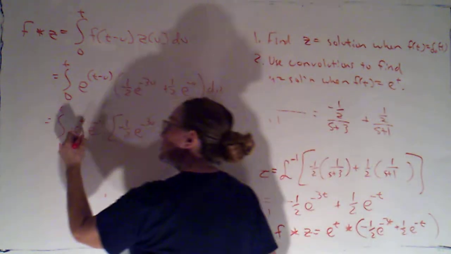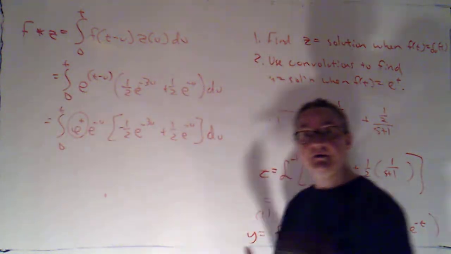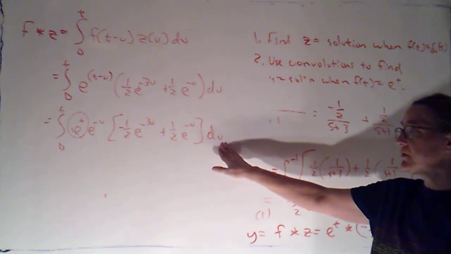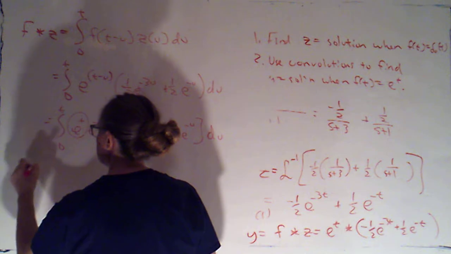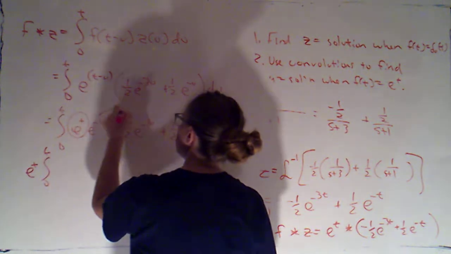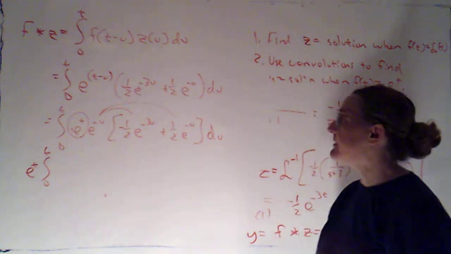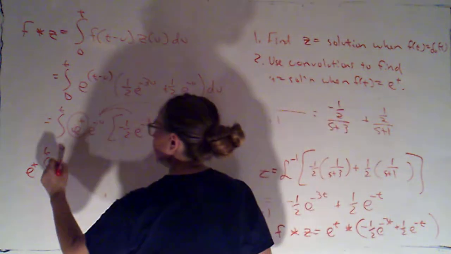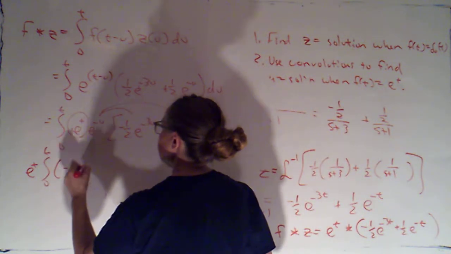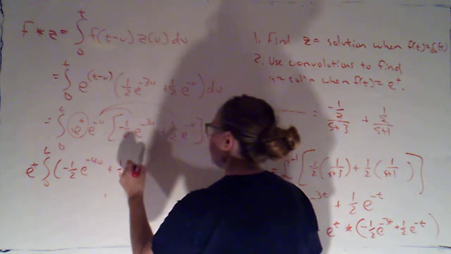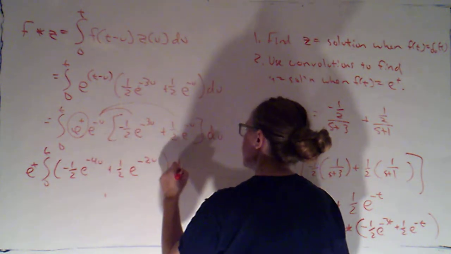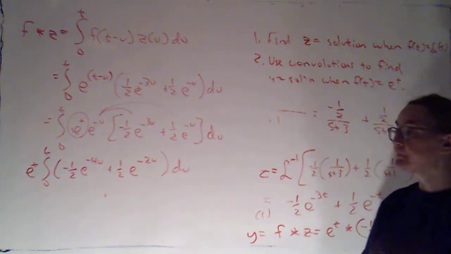Now, there are no u's in this factor, so e to the t is constant with respect to u. I'm going to factor that out, and then I'm just going to distribute that e to the negative u. So I'm going to get negative 1/2 e to the negative 4u plus 1/2 e to the negative 2u du.